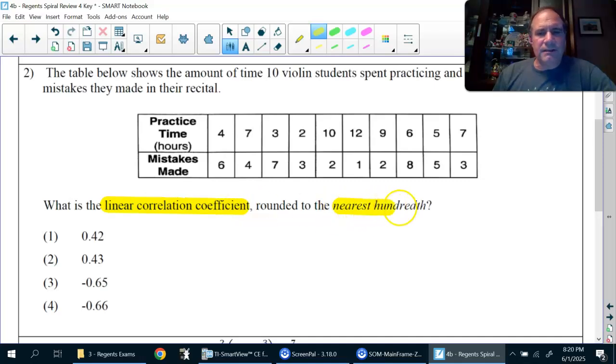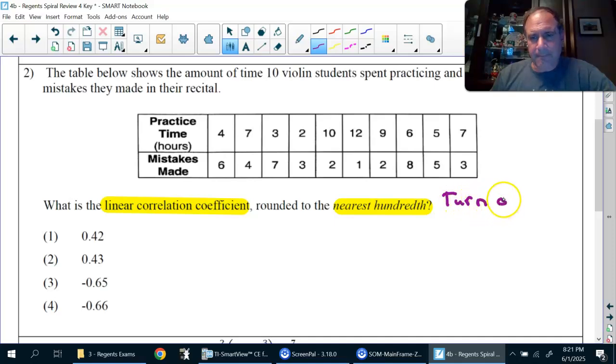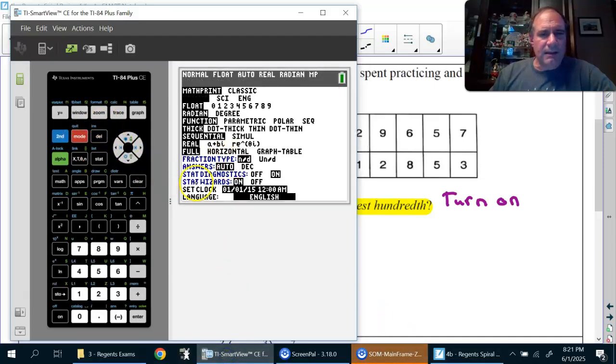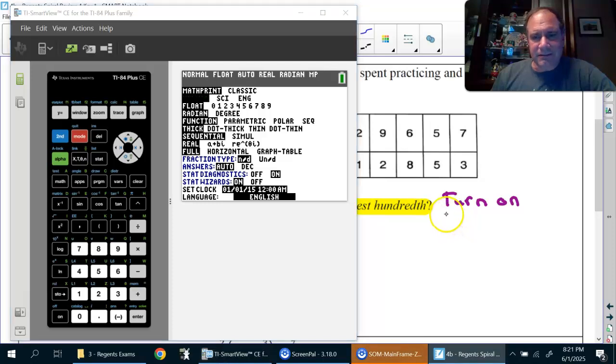So this one shows the table below, the time of 10 violin students practicing in their recital. What is the linear correlation coefficient rounded to the nearest hundredths? Remember, you have to turn on correlation. We're going to press mode, and that's stat diagnostics.